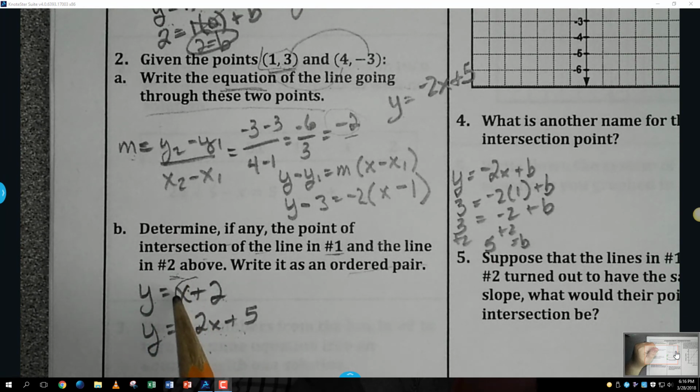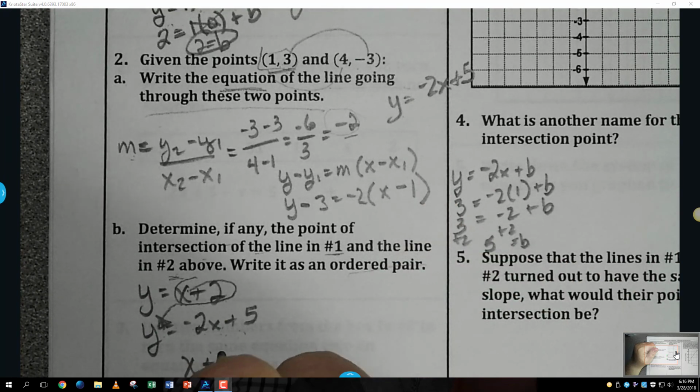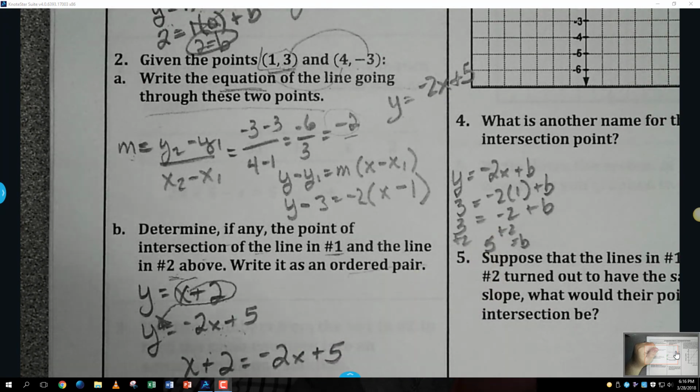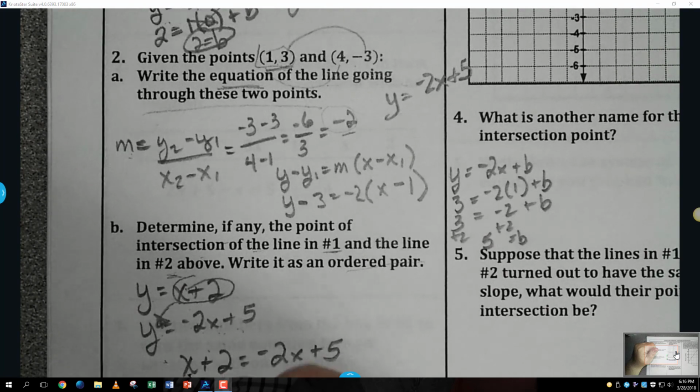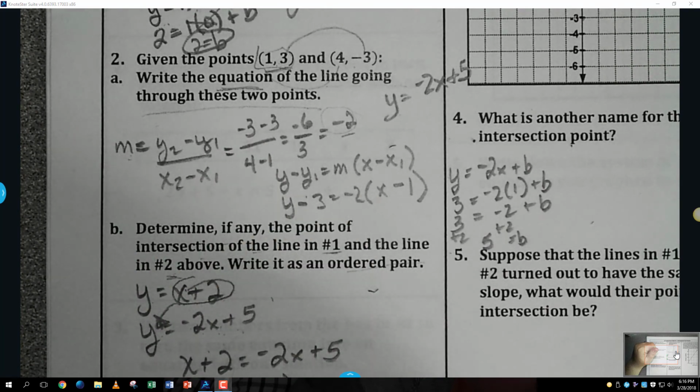It's really easy to take this and substitute it in right here using substitution. And if I did that, I'd get x plus 2 equals negative 2x plus 5. Okay, then I'm already thinking of 3x in my head. So then I would get all my variables on the same side.